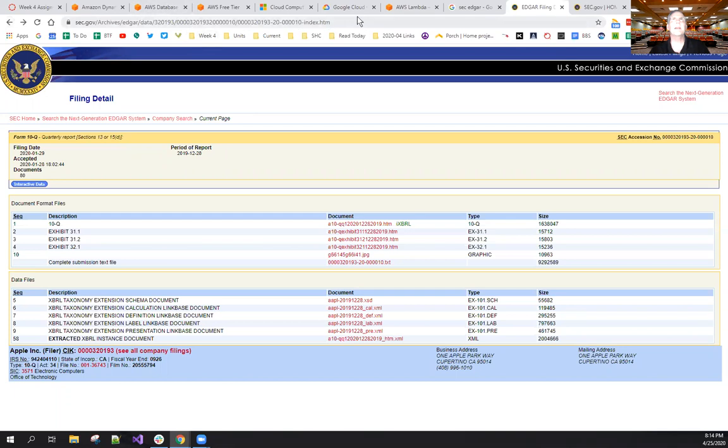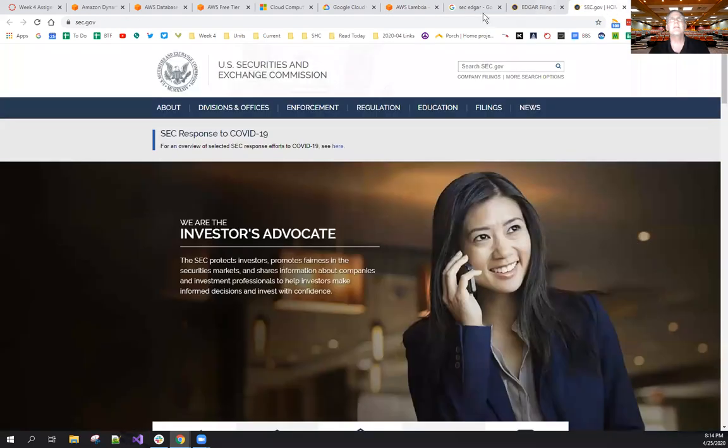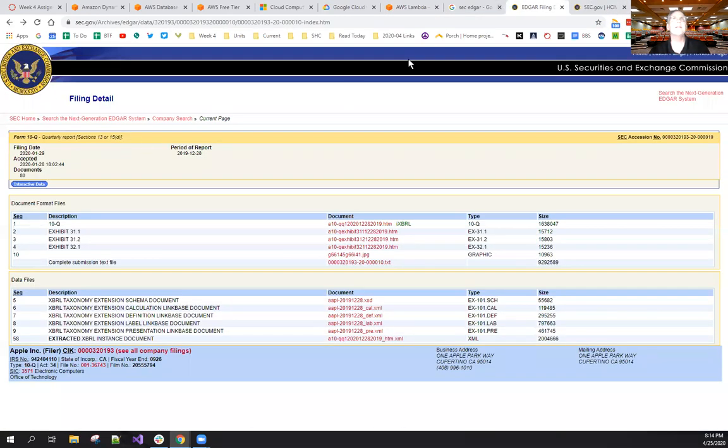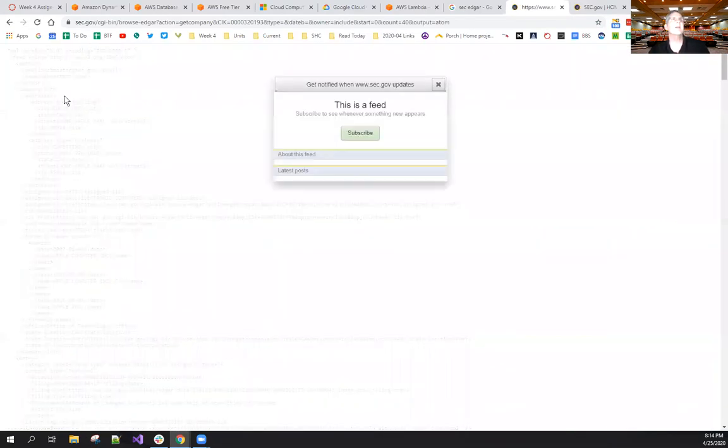Let's say in our Lambda application, what we want to do is set up your code to trigger from other AWS services, HTTP endpoints, or in-app activity. So let's say we want to set it up so that anytime anyone uploads their data to, see this, this is an RSS feed.